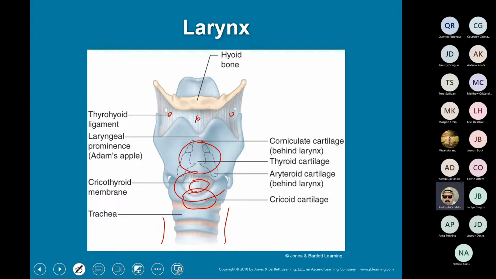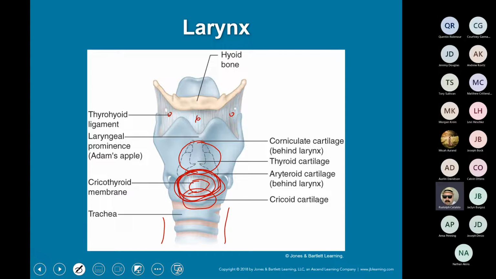This area right here that I keep circling, that really soft area in there, is what's called the cricothyroid membrane. And why that's important is because that's the landmark that we go for when we have to do a needle cric, or we have to do a quick cric. We have to literally find our thyroid cartilage and our cricoid cartilage and find the soft spot between them. That soft spot is what is called our cricothyroid membrane, and that is what we are shooting for when we are looking at possibly needle cricing somebody.